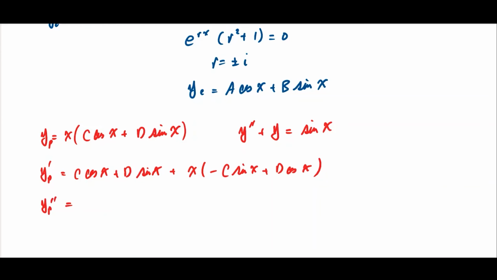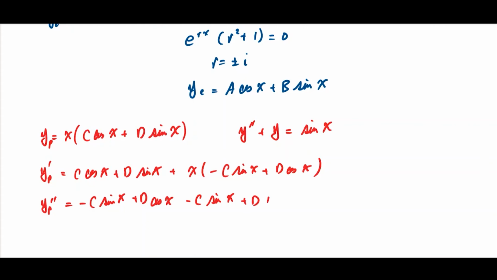So this now becomes negative c sine x plus d cosine x. And this part, I just recycle my work. So I will have minus c sine x. So I cannot recycle. I just do it.